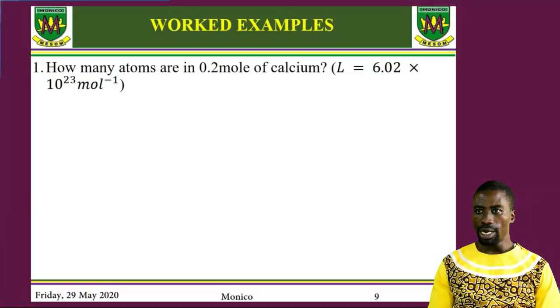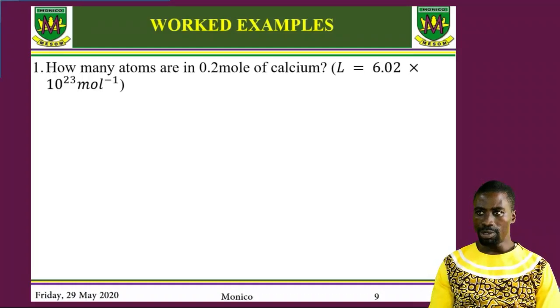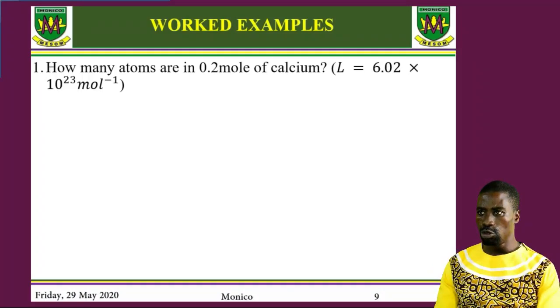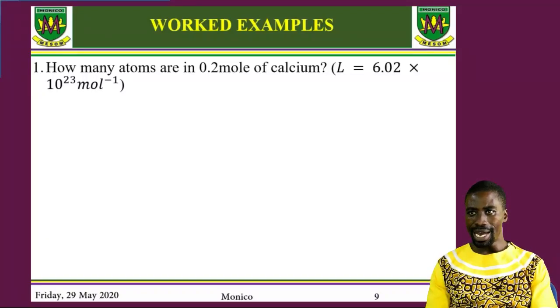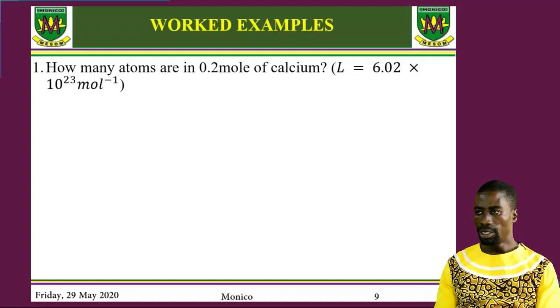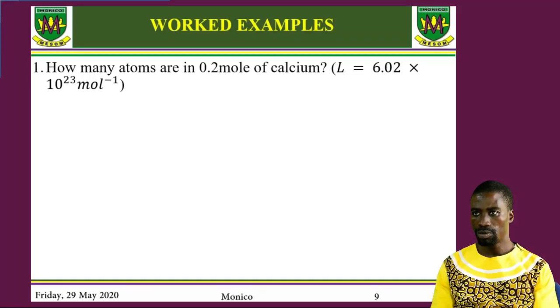Good. So let's look at some worked examples here. How many atoms are in 0.2 moles of calcium? Now we have been given Avogadro's number, which is 6.02 times 10 to the power 23 particles per mole.